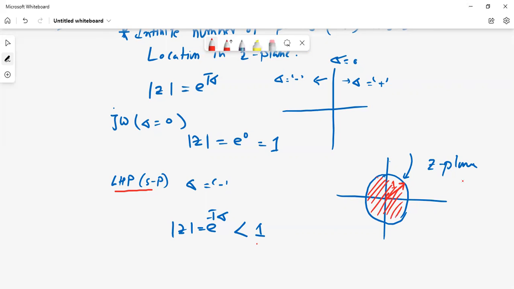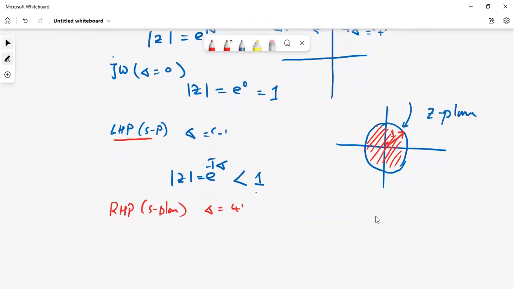And what about the right half plane? The right half plane in the S plane, we know that sigma is positive. So what does it mean? The magnitude of Z will have to be greater than e to the power t sigma, which has to be greater than 1. What does it mean?